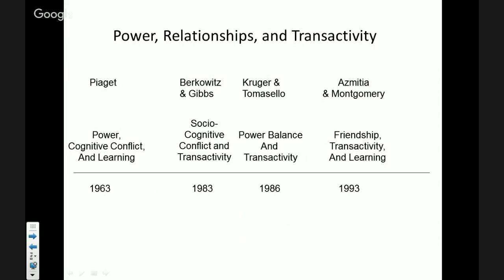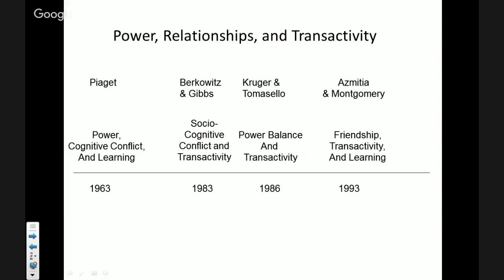And this idea that these transactive exchanges represent opportunities where this cognitive conflict could occur, because there's a comparison of mental models that gives the opportunity to identify a gap in one's own mental model. And so these kinds of transactive exchanges have sometimes been referred to as socio-cognitive conflict. Not that they themselves are cognitive conflict, but they give evidence that there was an opportunity for it to occur.